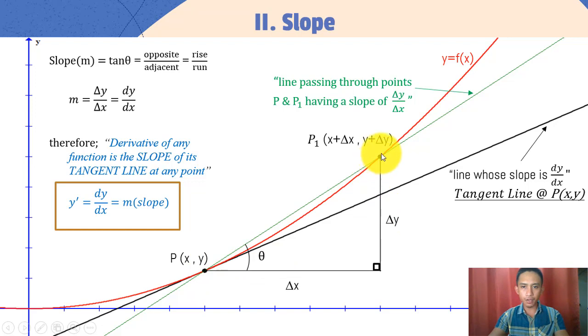So instead of the point being here, it is very, very close to your original point, so it seems like they are only one point. If I connect them, this is the line passing through those 2 points, but it looks like it is passing at a single point. So we can neglect these 2 points and say that it's just a single point.